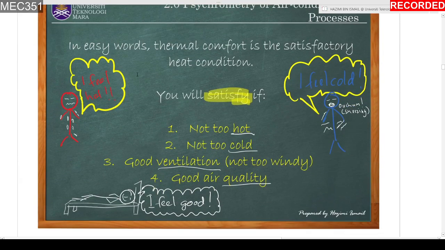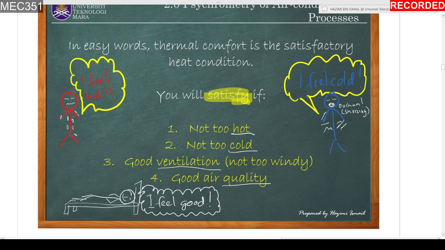In easy words, thermal comfort is satisfactory heat conditions. You will be satisfied if the environment is not too hot, and it also must not be too cold, and we must have good ventilation.